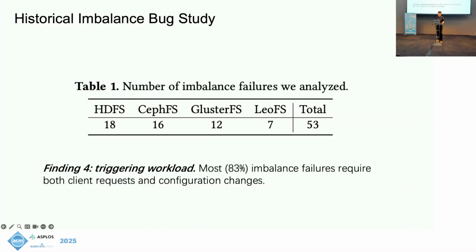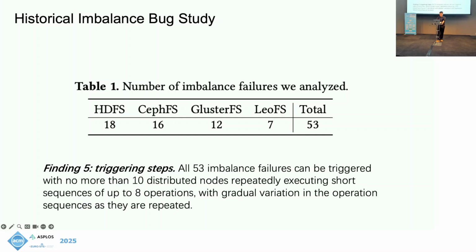We find that most imbalance failures require both client workload requests and system configuration changes to be triggered. This is a two-dimensional testing input for a testing tool. We not only need to generate some testing workloads to trigger the imbalance failures, we also need to change the configurations in the system.